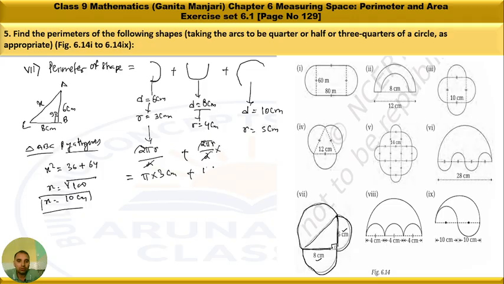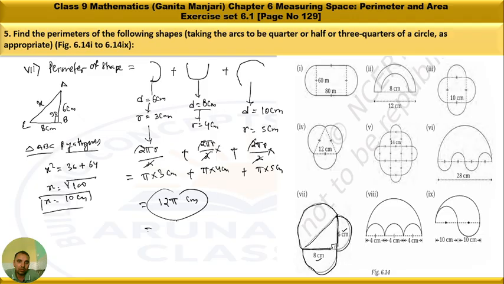So pi multiplied with 4 centimeter, plus 2 pi r upon 2, 2 and 2 get cancelled. So it is pi multiply with 5 centimeter. So 5 plus 3 is 8, 5, 6, 7, 8, 8 plus 4 is 12. It is 12 pi centimeter. That will be the perimeter of the shape.